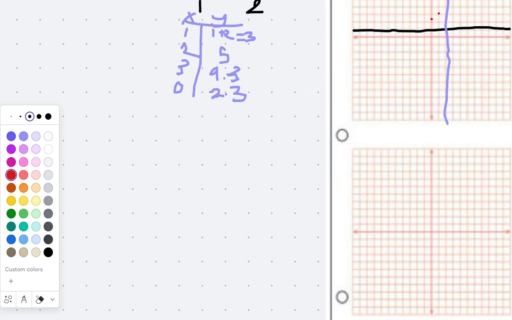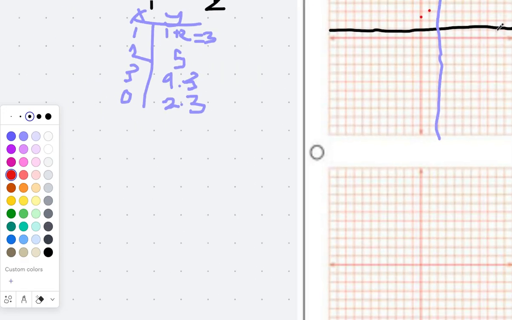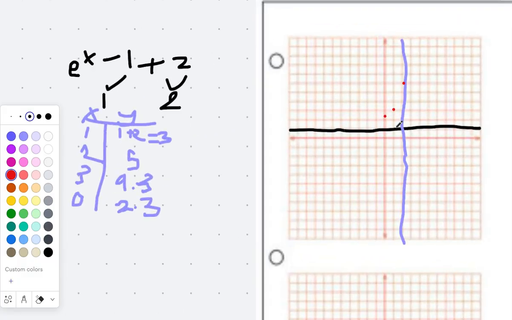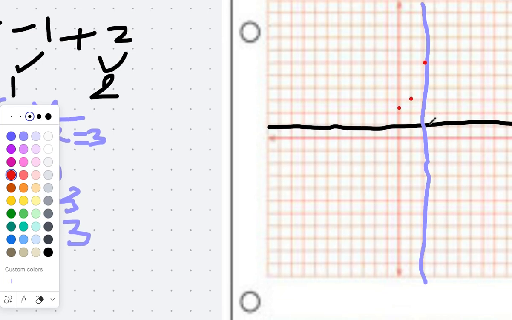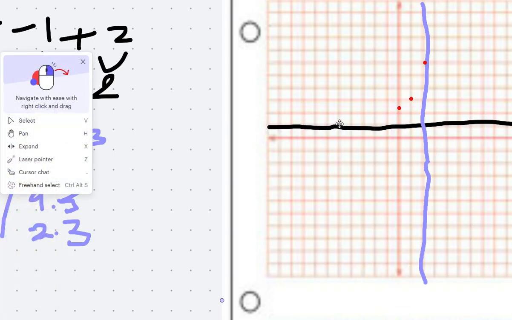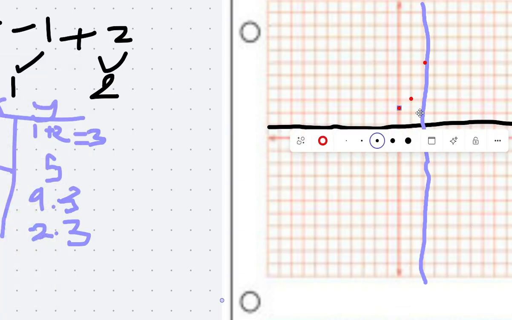At 3 is 9.3. So I'm going to graph the 3 at 9.3. So this is actually a little bit incorrect. Sorry. I think there's no eraser tool for this whiteboard.